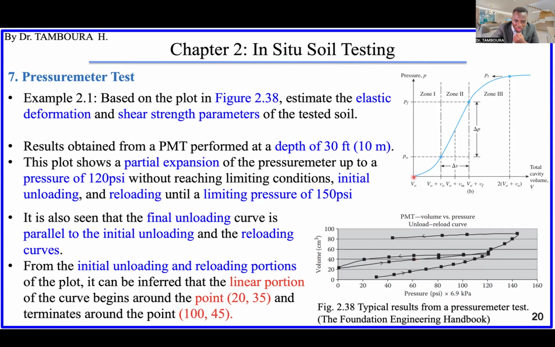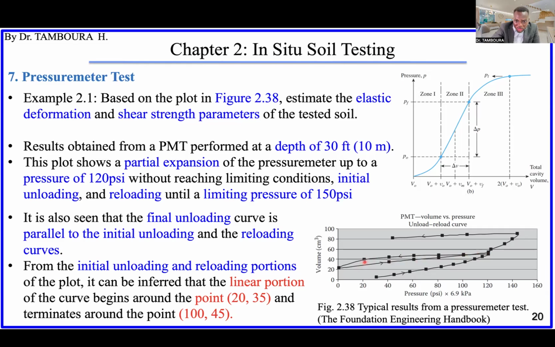So it means the linear portion starts from this to here, right? In this case, this is curved like this way. And the linear portion starts around here until here. You can say that is a linear portion.